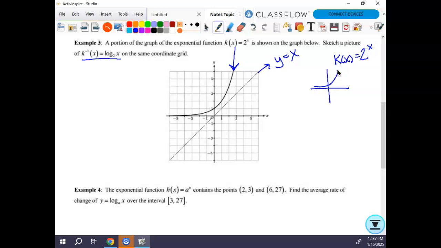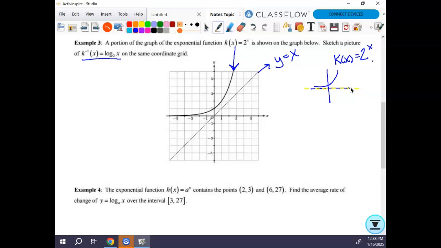That's the parent function. There's no transformations or anything. Not only does it look like that, but you have an asymptote right here. Because another thing that comes up sometimes in here, sometimes in calculus, is you figuring out when this is going to be equal to 0. Well, if I have an asymptote right there, it's never going to be equal to 0.